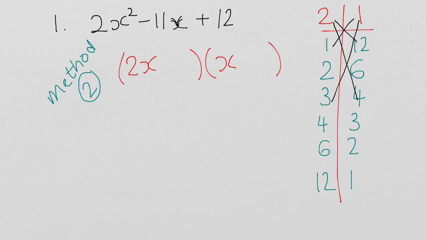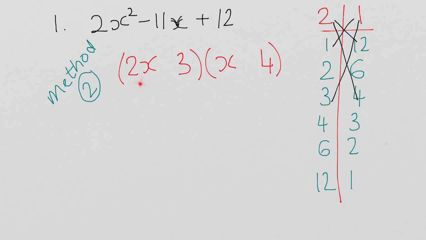We've got 2 here, and it was the 3, so the 3 is underneath the 2, so let's try that first of all. So we'll put the 3 in here, and then the 4 is underneath the 1. You'll notice that we need a negative 11x, so 2x times x is going to give us 2x squared, that's fine. 3 times 4 is going to give us 12, so that works for this bit.